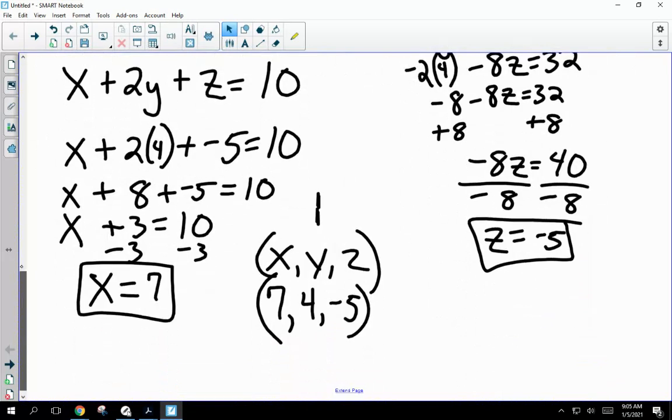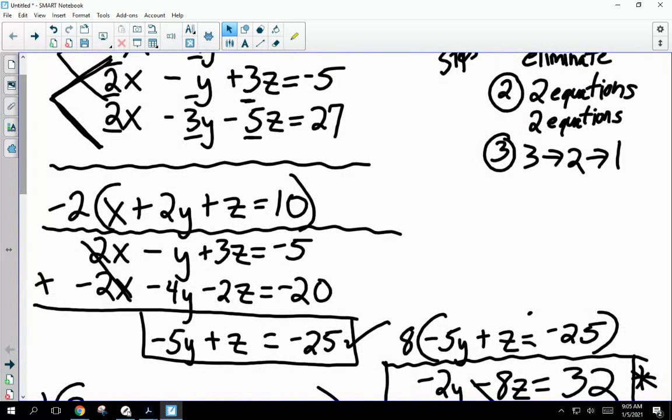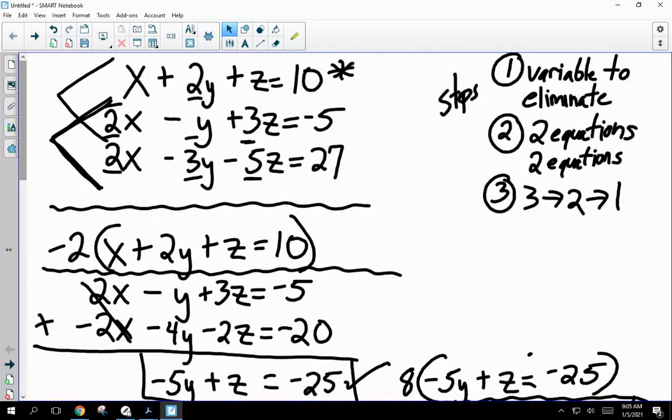So let's go back before we finish and finish our steps. We went from a variable to eliminate, 2 equations, 2 equations. There should be 2 variables with 2 equations. Then we have the 3-2-1 method we talked about. And then we need to plug in the first one, plug in 1.